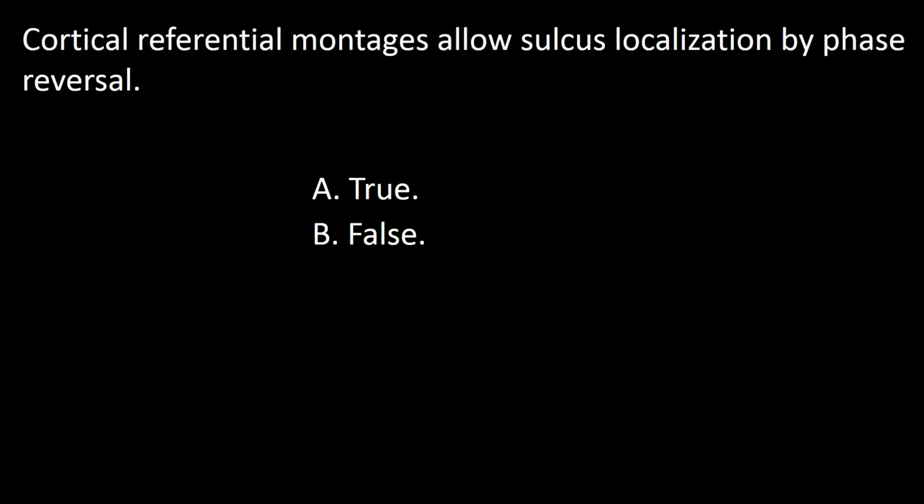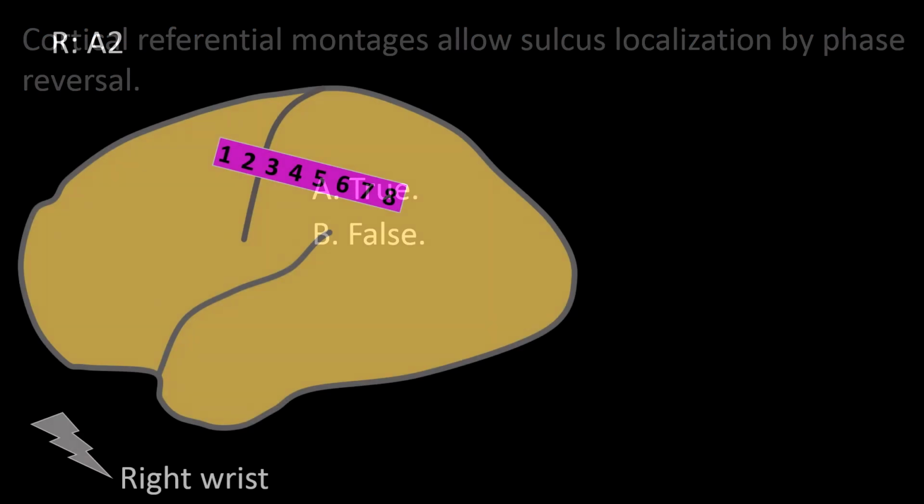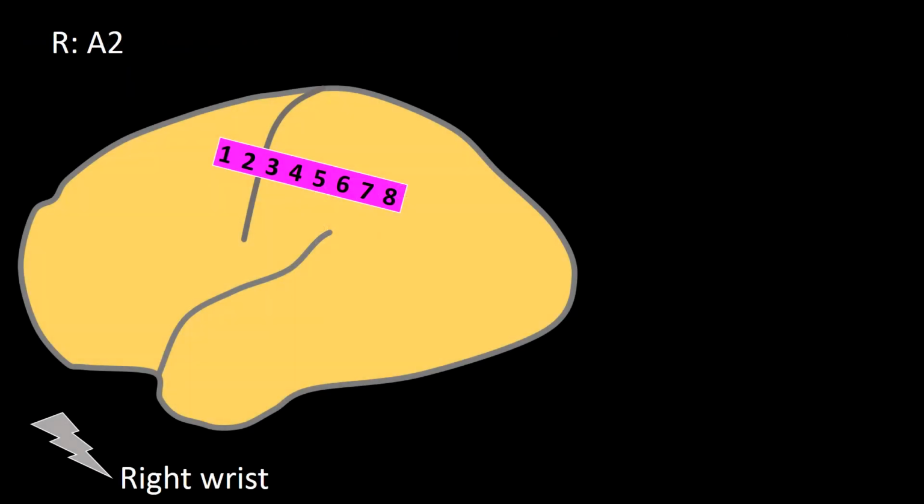Next question. Cortical referential montages allow sulcus localization by phase reversal. A true, B false. For simplicity, I will only show one strip in this frame.